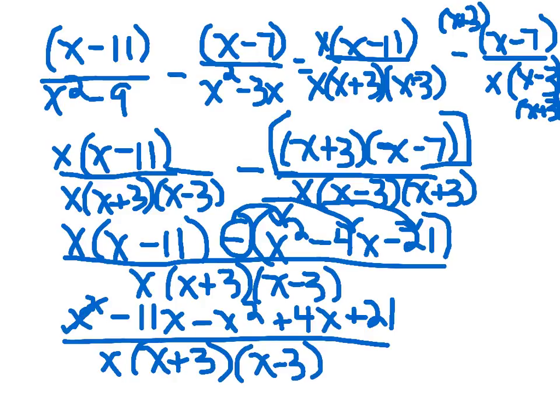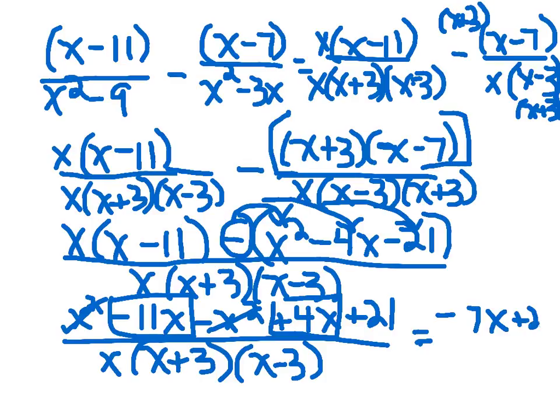You can see that these are going to cancel out, and that leaves negative 7x, because I'm combining these, plus 21 over x times x plus 3 times x minus 3.